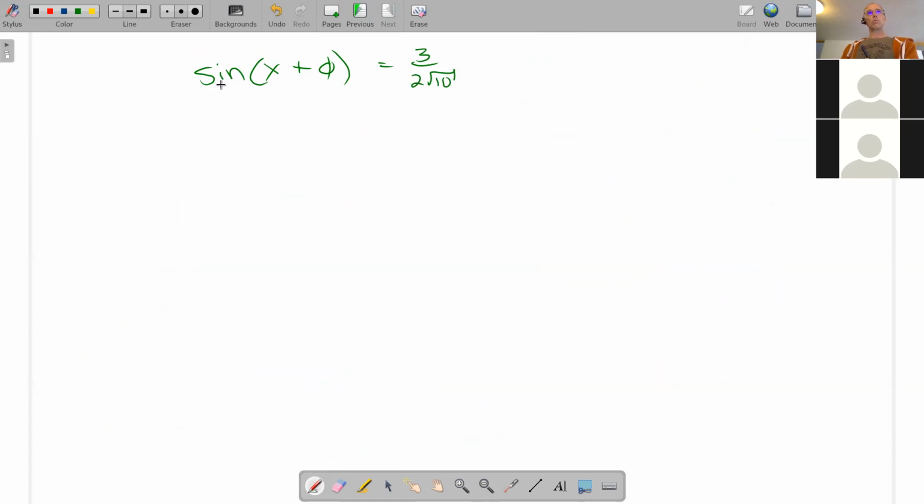The next step here is to apply the arc sine. So that's going to give me x plus phi stays on that side, and the other side, I get the arc sine of 3 over 2 square root of 10. And it's at this point here, so that's the first solution from the arc sine. The other solution is going to be pi minus the arc sine. So I did have my order of operations wrong there, and then the shift threw it off.